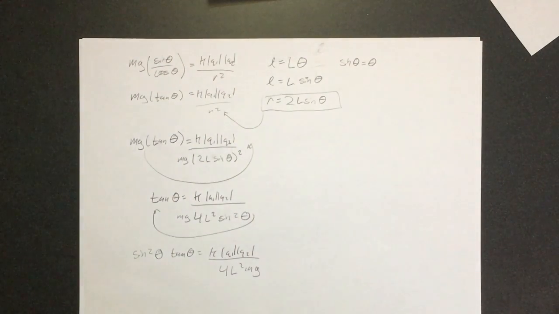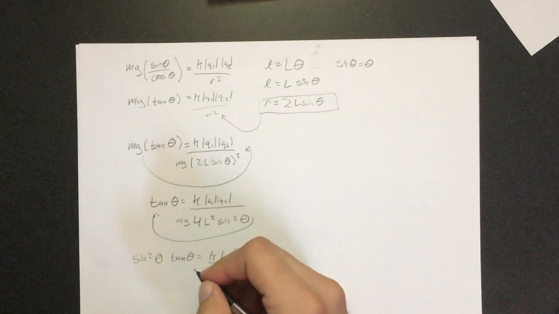Okay, so this is what all the workup has been leading to, right? This equation right here. Now, because we have such small angles, we're going to have to simplify and substitute tangent theta for sine theta.